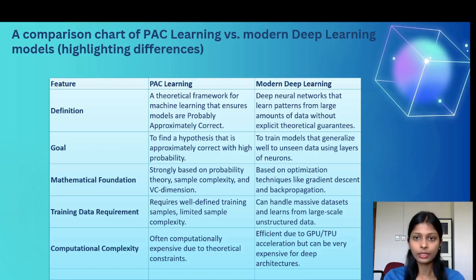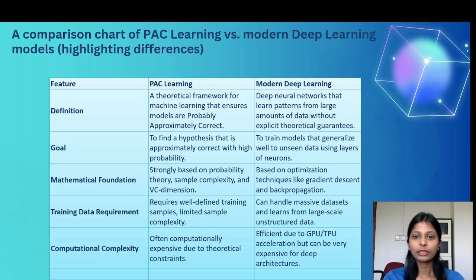On the other hand, modern deep learning aims to train models that generalize well to unseen data using layers. Mathematical foundation: PAC learning is strongly based on probability theory, sample complexity and VC dimension. On the other hand, modern deep learning is based on optimization techniques like gradient descent and backpropagation. PAC learning requires a well-defined training sample but limited sample complexity.